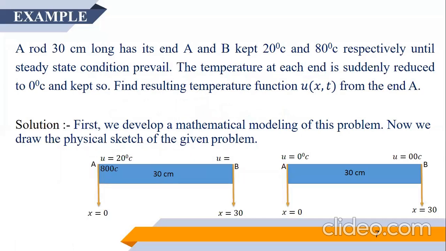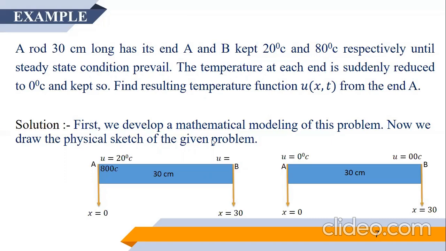Now we consider another example. The example is: a rod 30 centimeter long has its ends A and B kept at 20 degrees and 80 degrees Celsius respectively until steady state conditions prevail.